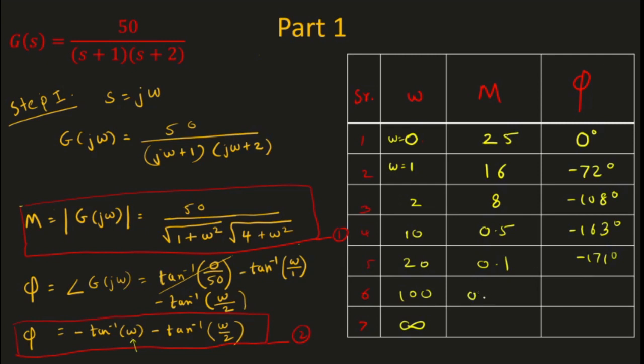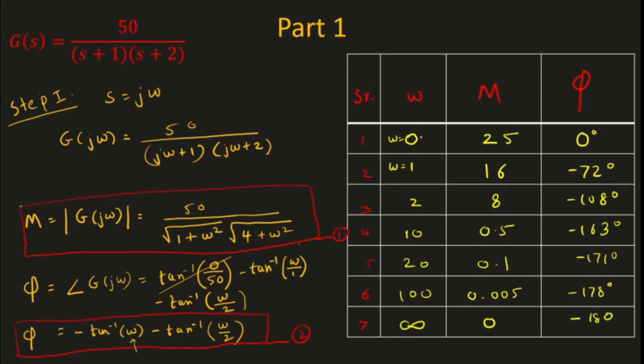For 400, I will get 0.005 as a magnitude and angle at minus 178 degree. And for infinity, if I put infinity in magnitude here, I'll get 0 because the denominator will be infinity. The phase is minus 90 degree minus tan inverse of infinity by 2, that is infinity, so I'll get minus 90, that is minus 180 degree.